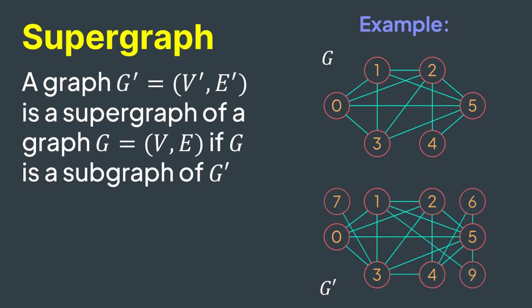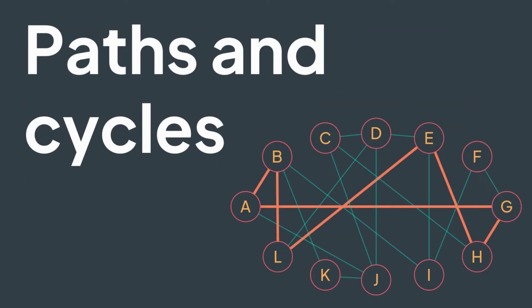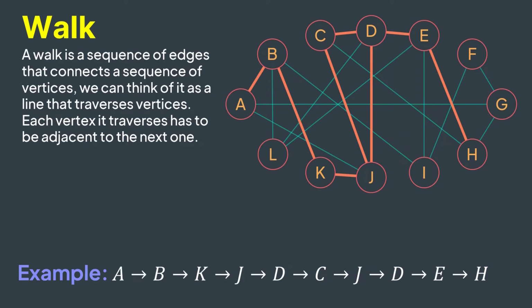Last topic now, terms related to paths and cycles. First of all, you need to understand what is a walk. A walk is a sequence of edges that connects a sequence of vertices. Basically, you can think of it as a line that traverses vertices. Obviously, each vertex it traverses has to be adjacent to the next one.